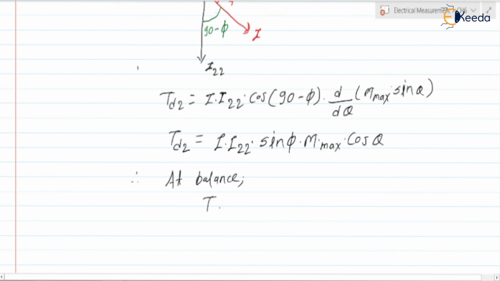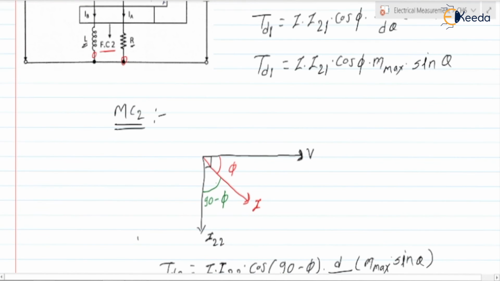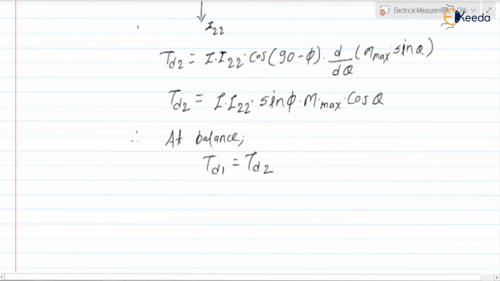Therefore, if we balance, at equilibrium TD1 is equal to TD2. TD1 is I into I21 into cos phi into M max sin theta.